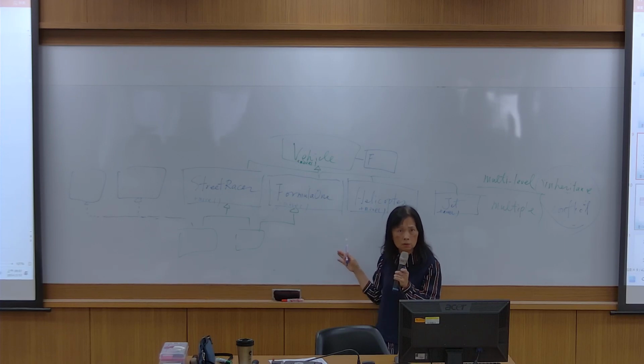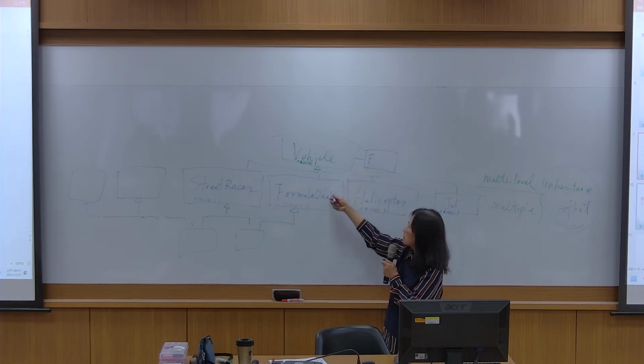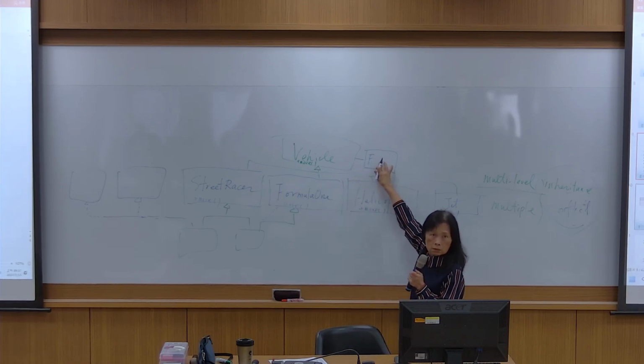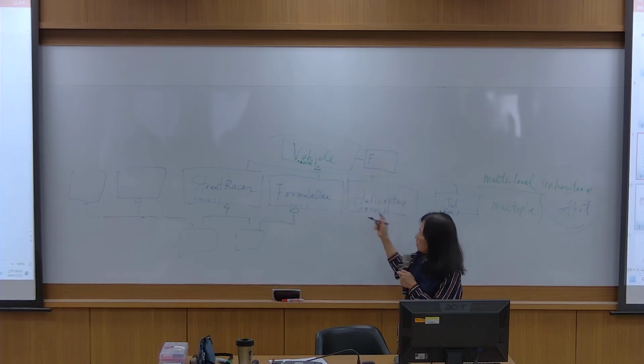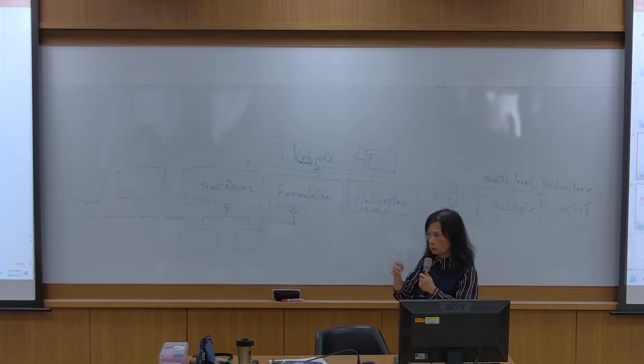That's wrong. There will be inheritance conflicts. The vehicle has a friend, and all the children also need to carry it. But what if not? So there will be inheritance conflicts. You got it?